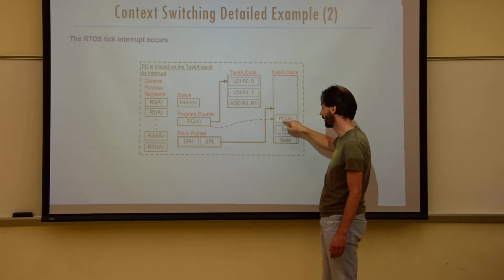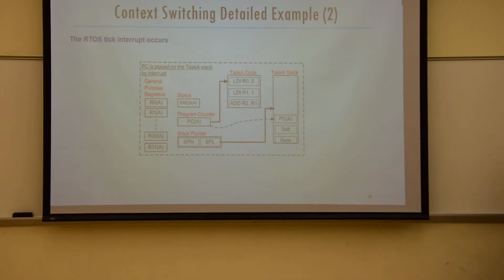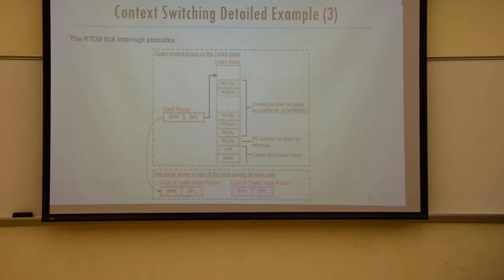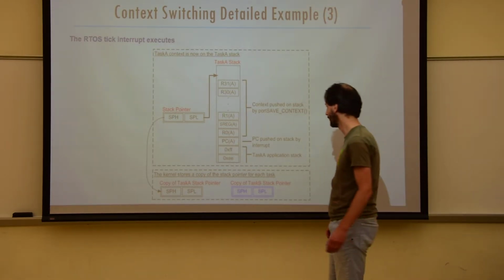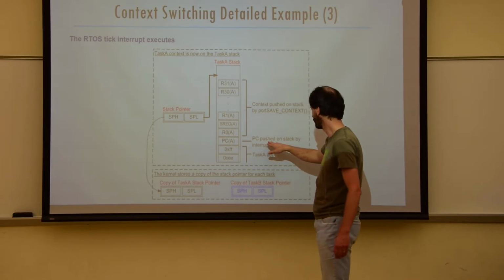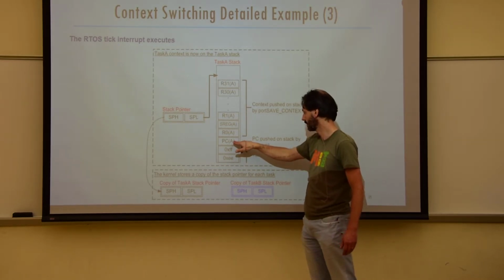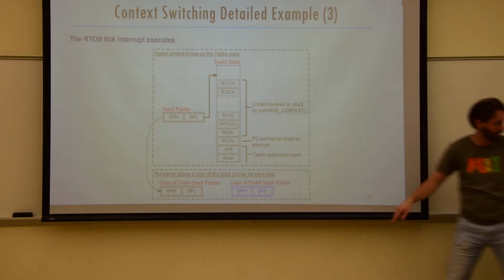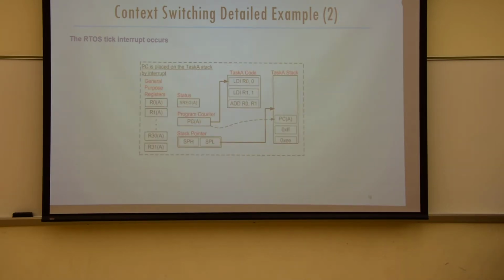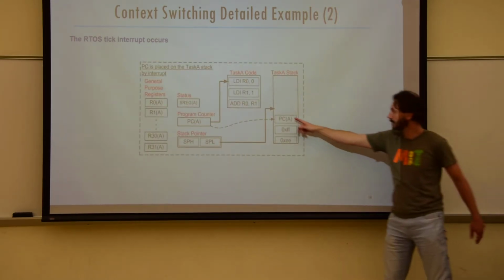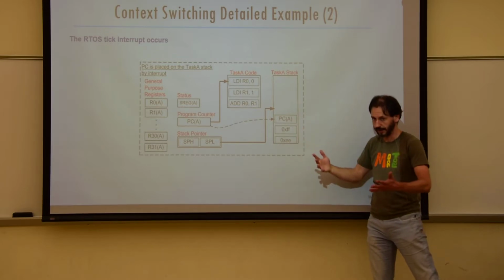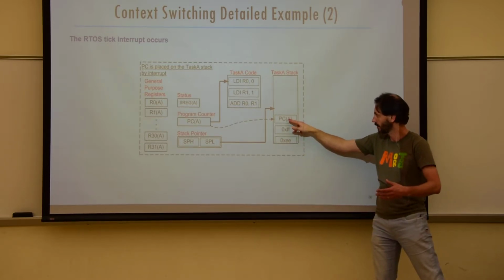We see the program counter, and the interrupt is executing. What does it do? It actually starts to push the PC onto the stack. So the program counter of A, where it is, is going to be pushed onto the stack automatically. That's what happens when the ISR occurs.